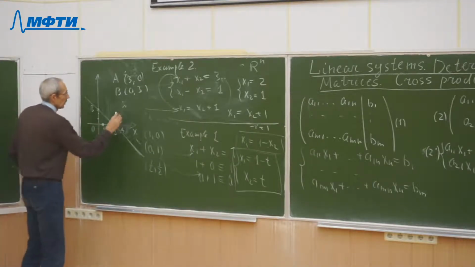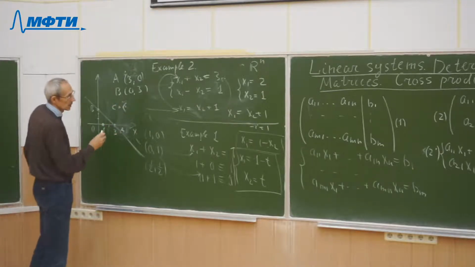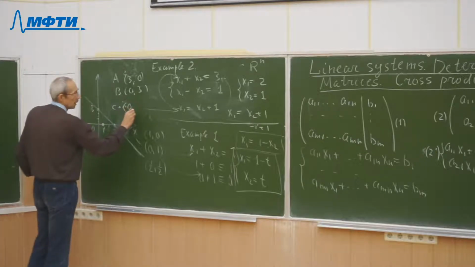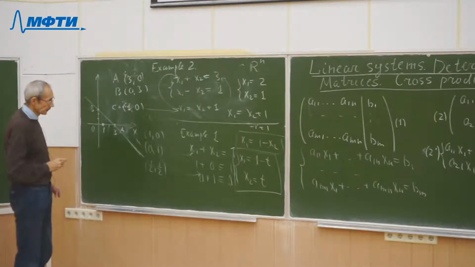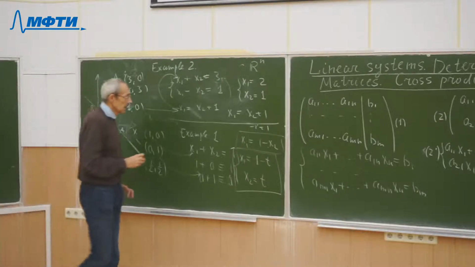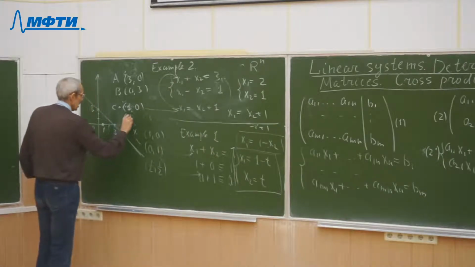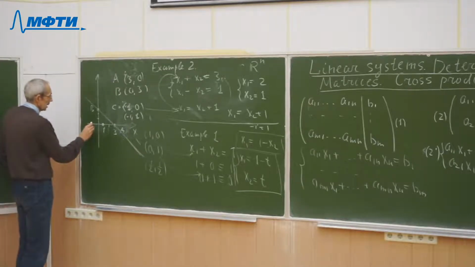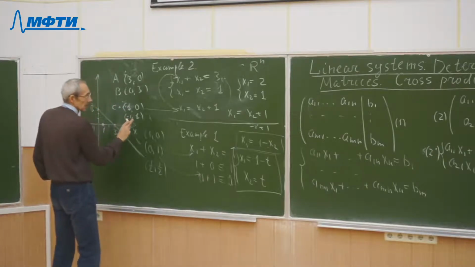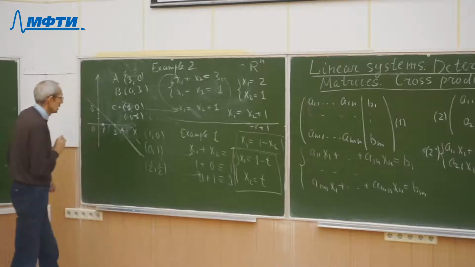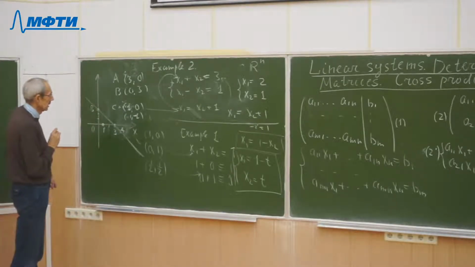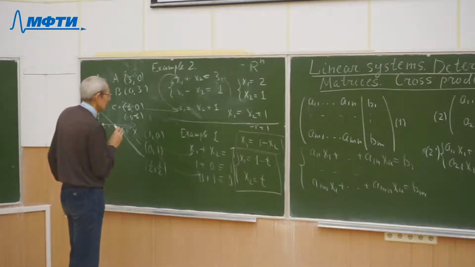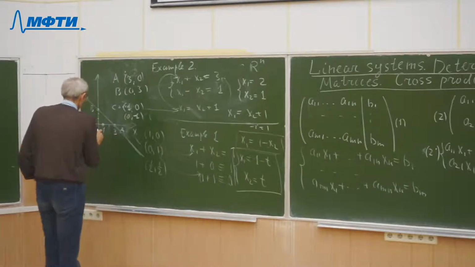it's true, this point C has coordinates (1, 0), and another point, where x2 is minus 1 and x1 is 0.